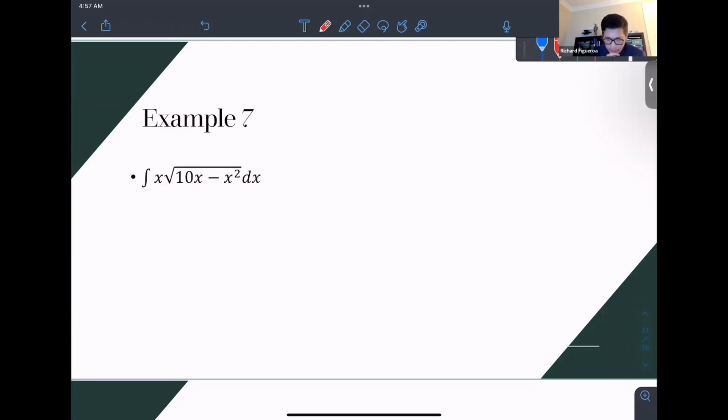Again, it does not resemble any of the forms that we can substitute, because there's an x and an x squared under the radical symbol. What we can do with this one is apply again completing the square.